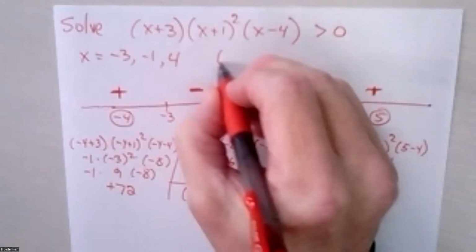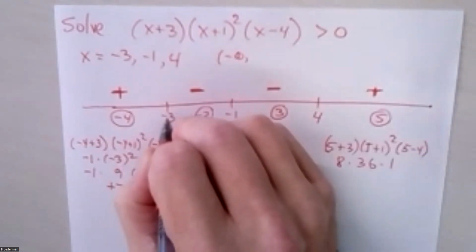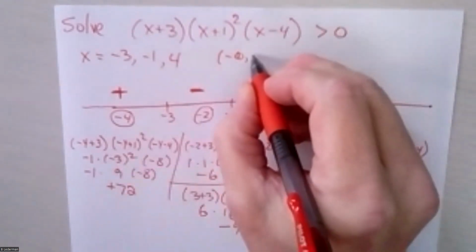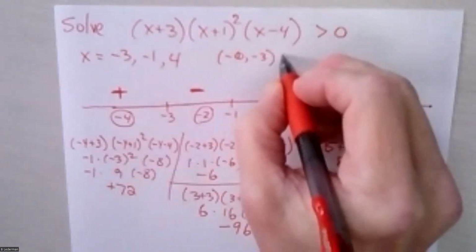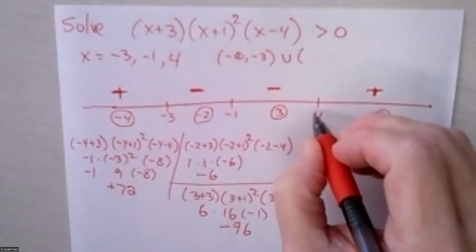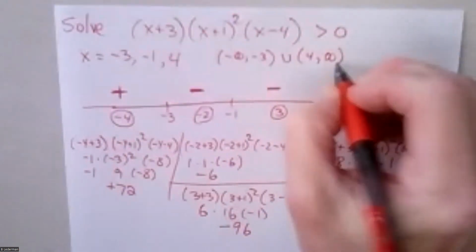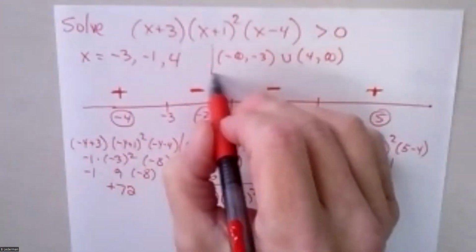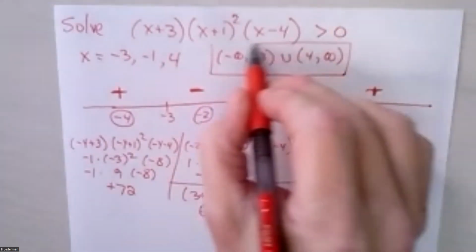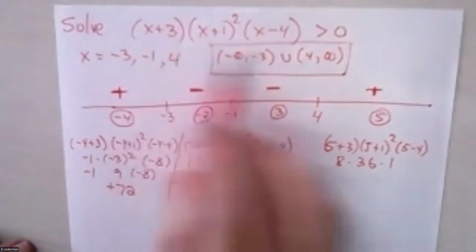You can say -infinity, comma, -3, union +4, comma, infinity. And this is one way of writing the solution, what they call interval notation. And these are the intervals where this is positive.